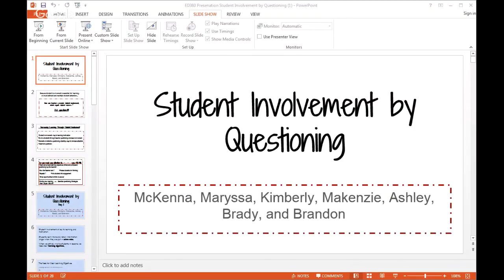So maybe the student didn't understand exactly what the main portion of the question was. When you do prompt, maybe you highlight that main idea of the question, give the student a little bit of time to think about it, and then have the response ready.